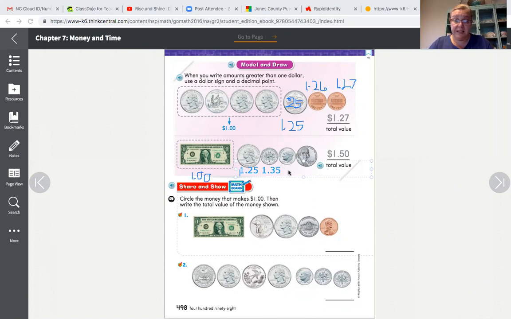Another 10 cents gives us $1.45. And then add this nickel is worth 5 cents. So $1.45 plus 5 cents gives us $1.50. I love how they have the $ here and the decimal point.